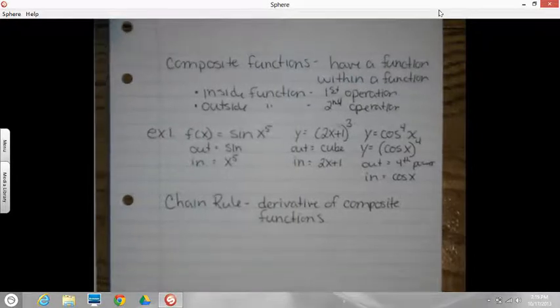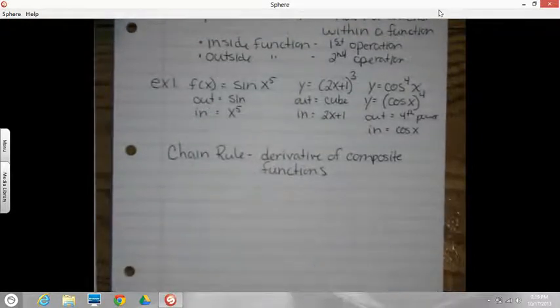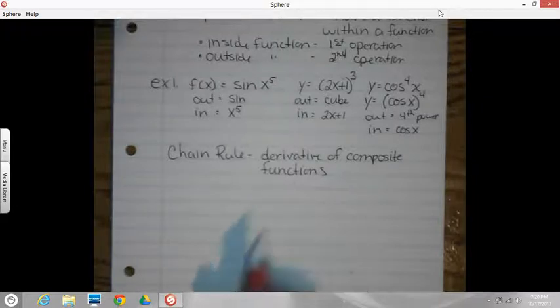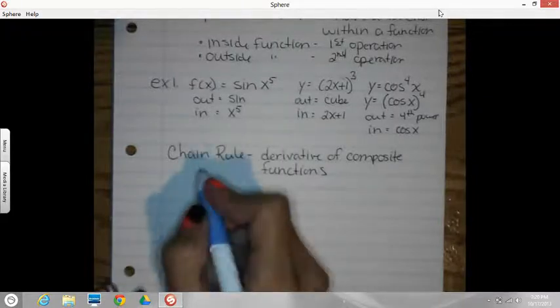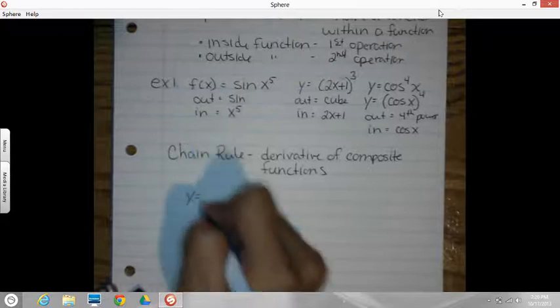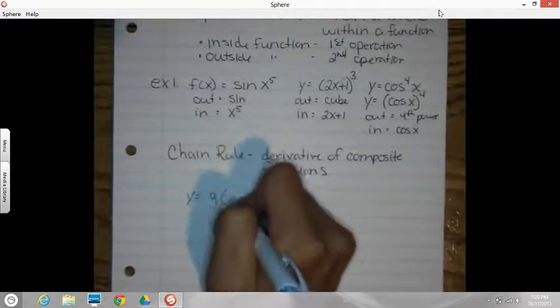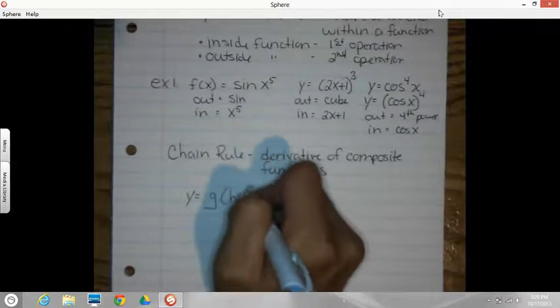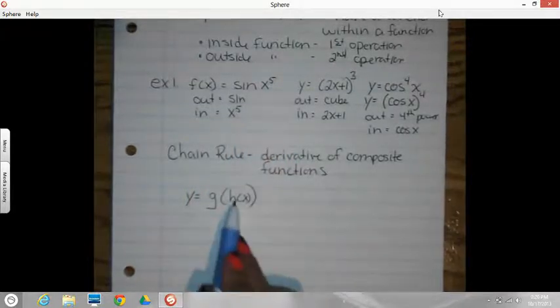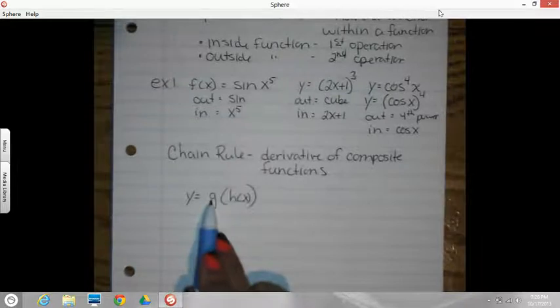Okay, this is going to seem a little challenging at the beginning, but give it a couple months worth of work and you'll be fine. Okay, the way the chain rule works is if you've got a function within a function. The only way I can write that is like this. Function h is inside function g.